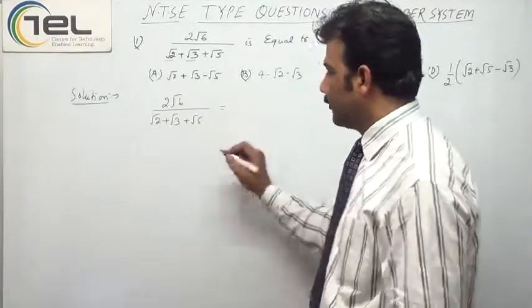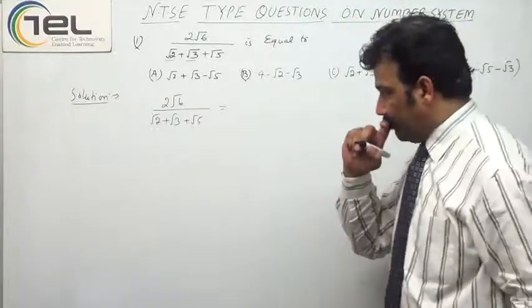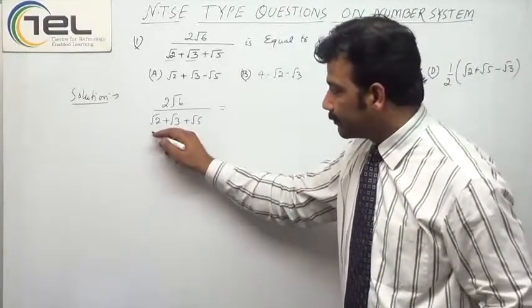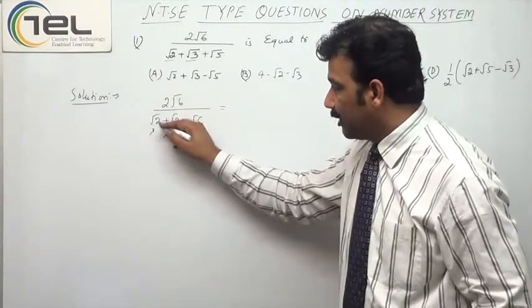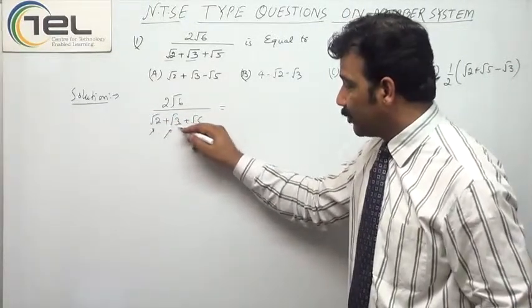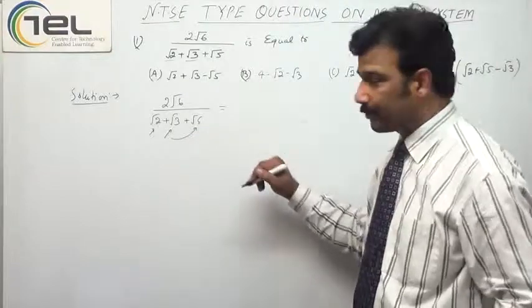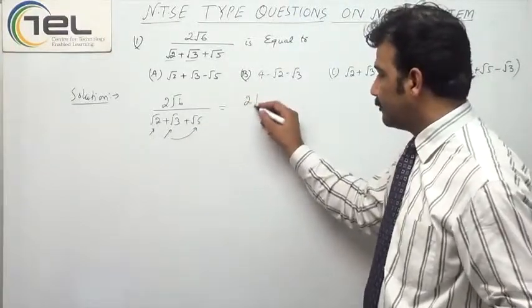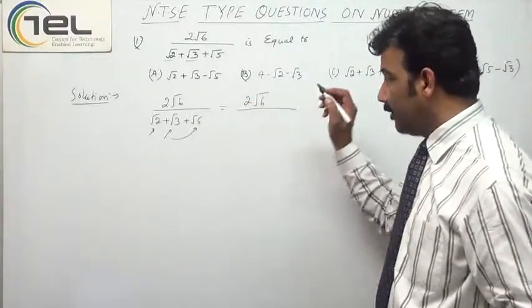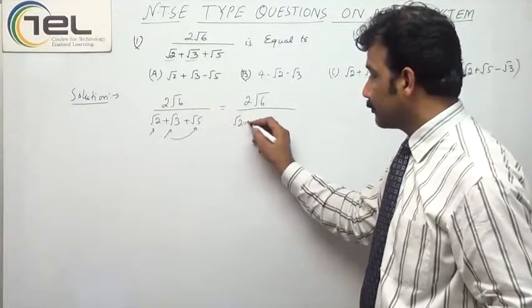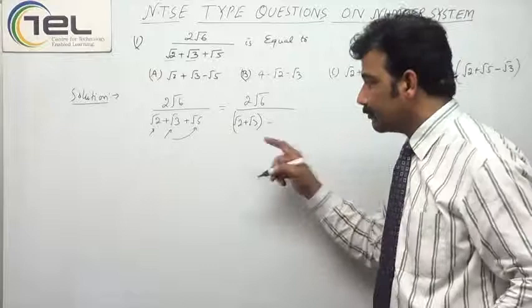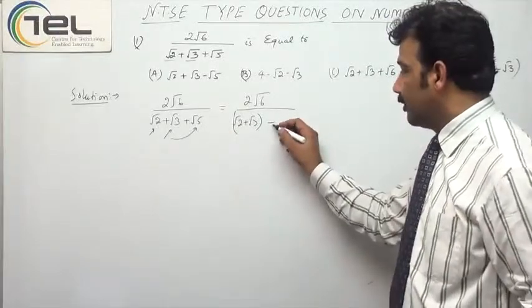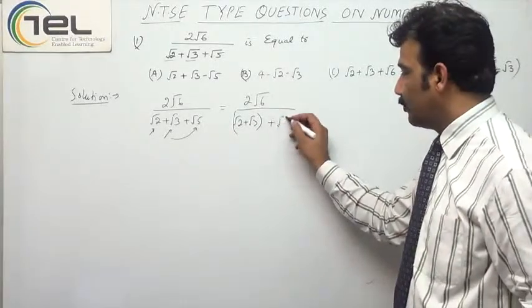The sum of these 2 terms is equal to this term. So I will take it like this, plus root 5.